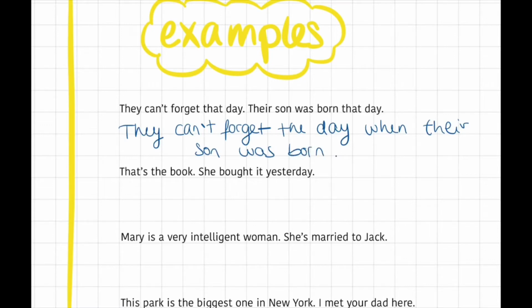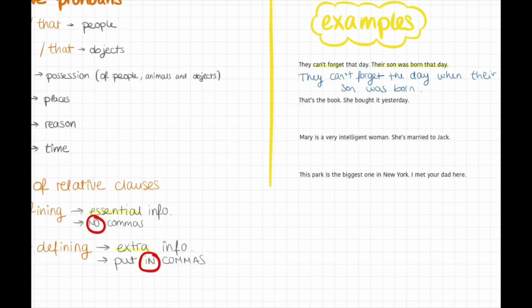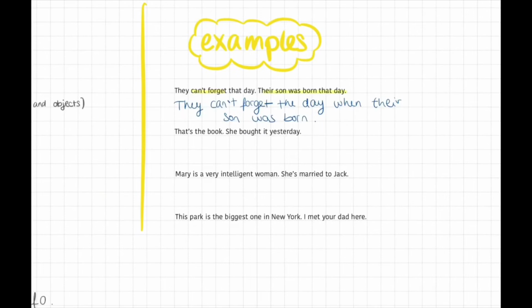We are not using commas because it's essential information. They can't forget it because their son was born that day. It's the reason why. As we have said before, as we are talking about essential information and we are not using commas, it's a defining relative clause.